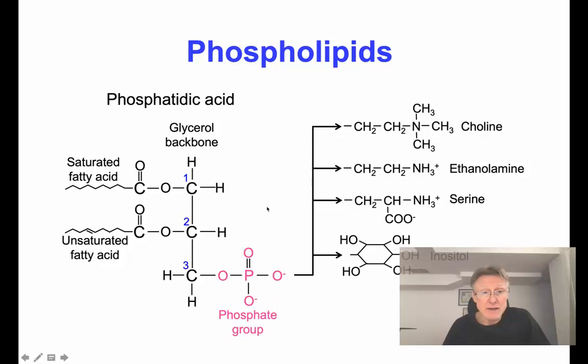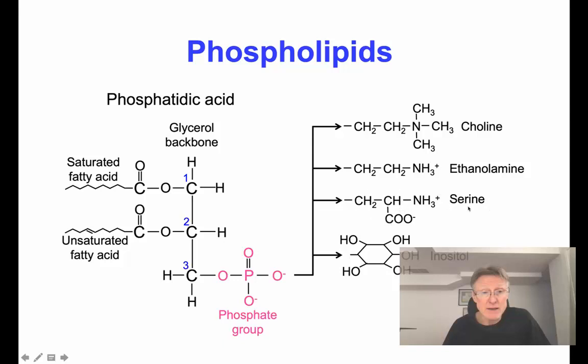For instance, if choline, which is this molecule here, binds to the phosphate group, we form phosphatidylcholine. If we have ethanolamine, the second molecule here, it will form phosphatidylethanolamine. If it's serine, this amino acid here, it will form phosphatidylserine.